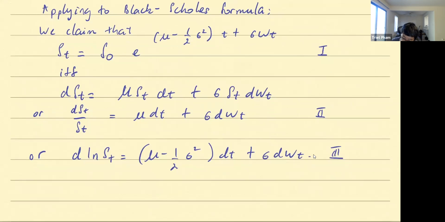Our goal is to show that these are equivalent. We have done a lot of this work already, but this is kind of reviewing. So we show that 1 and 2 are the same by Ito's formula.